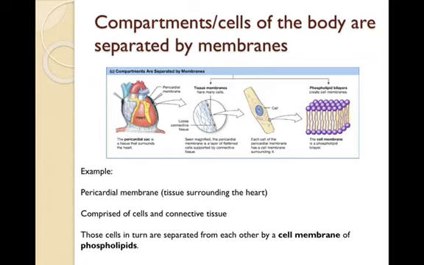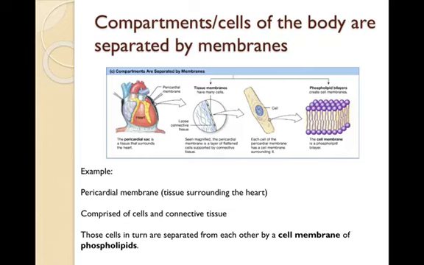If we look very closely at this pericardial sac, we can actually see that there are cells that line this pericardial sac. And if we look at those cells, we can see that each cell is separated from each other by a membrane.